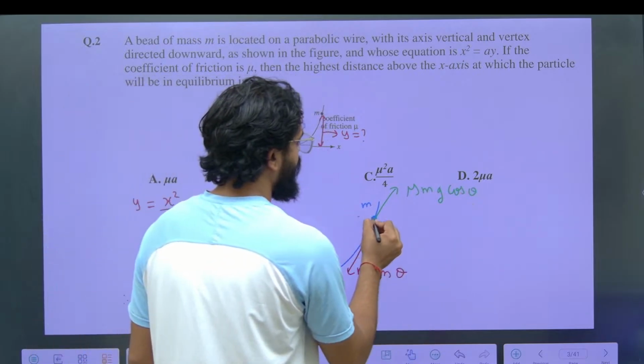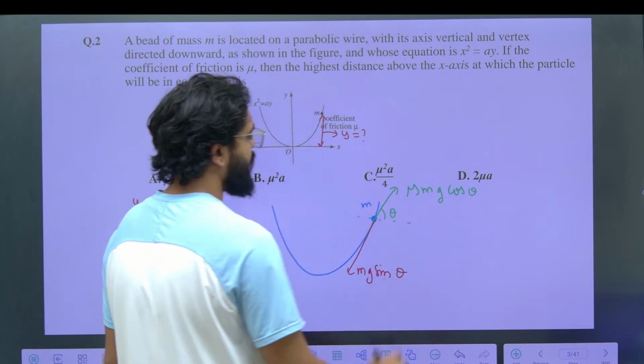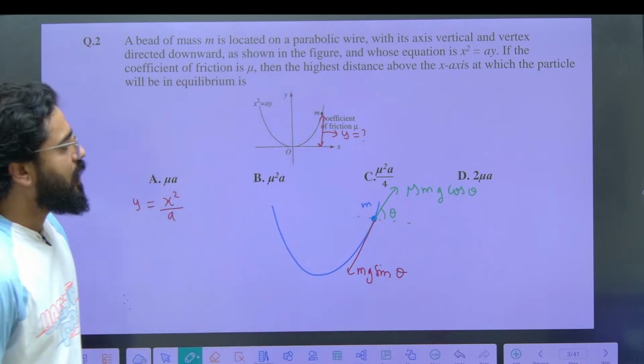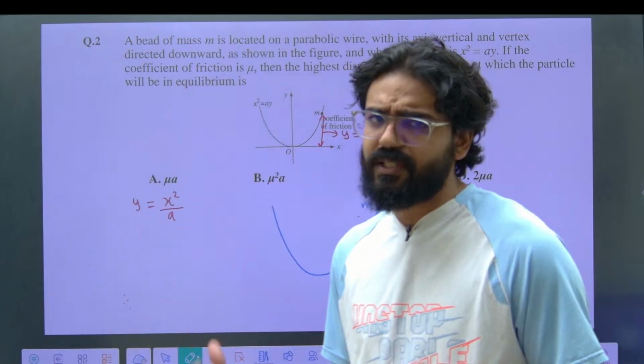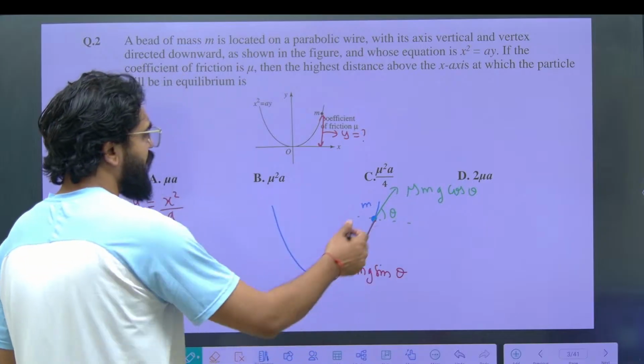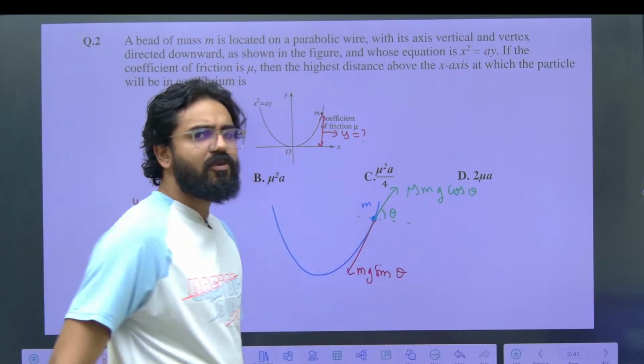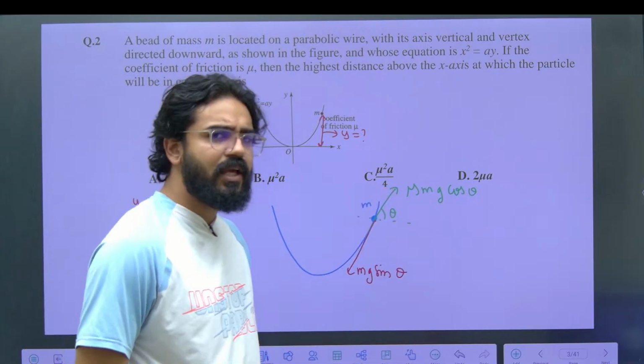This is theta, correct? So we have done the components as we usually do in NLM and friction. You guys already know this. Down the incline it is mg sine theta, up the incline it will be mu mg cos theta. Friction is taking the maximum value.